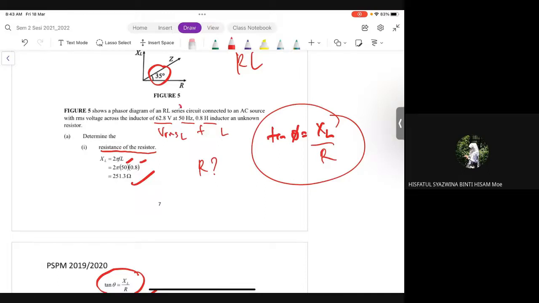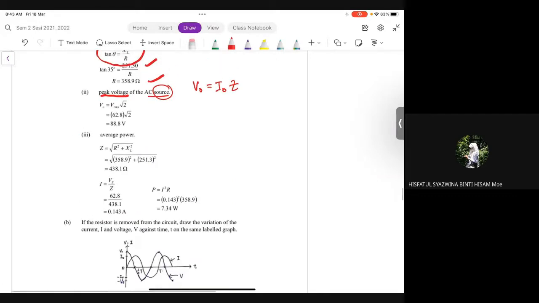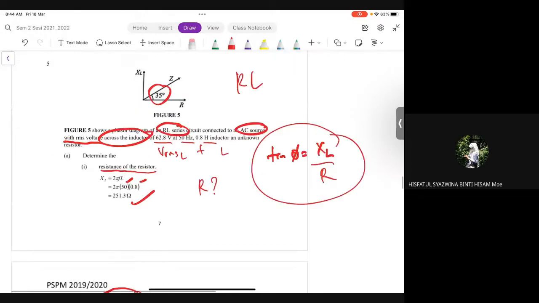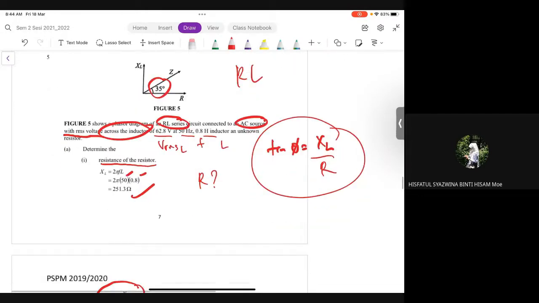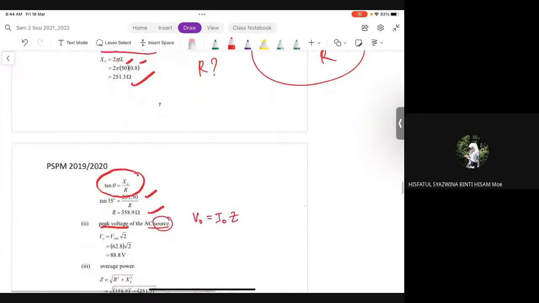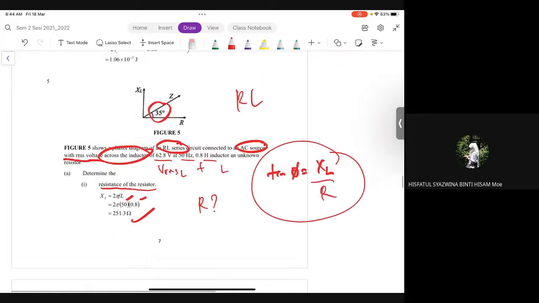RLC connected to the AC source with the RMS voltage across the inductor. Across the inductor. Kenapa dia buat salah. Betul ke jawapan ni? .8 volt. Saya takut salah ni.